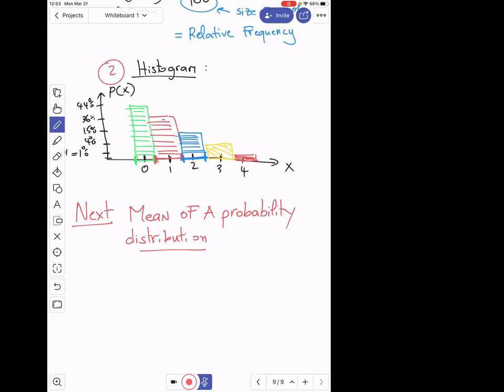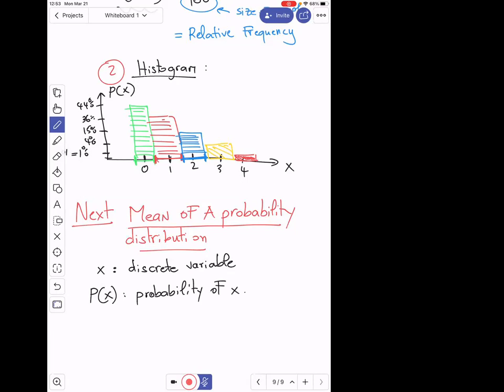Suppose you have a variable x. X is a discrete variable. And you have a P of x, capital P of x. That's the probability of x.